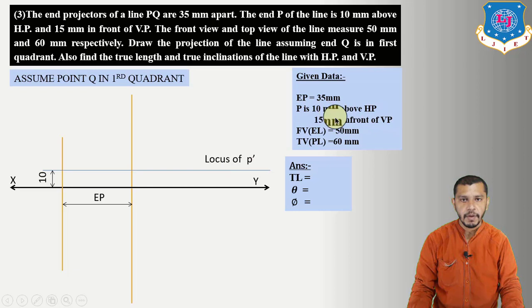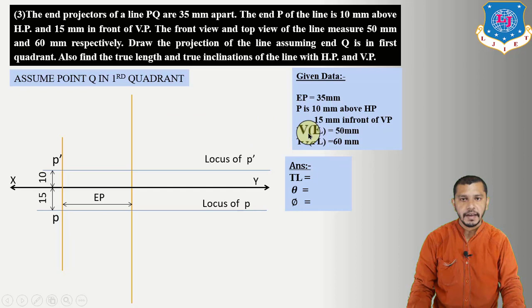That means 15 mm below the XY reference line, we will get the locus of P. Now consider this projector as the projector of P. We will get P dash over here and P over here. So this will be the elevation of P, which is P dash, and this will be the plan of end point P.